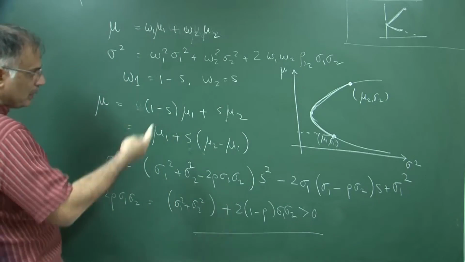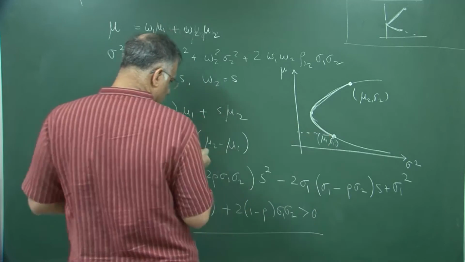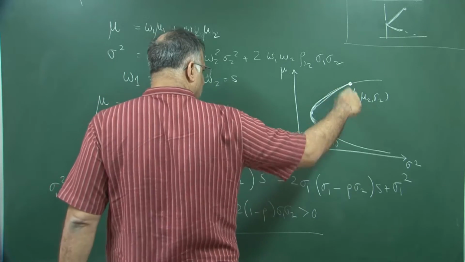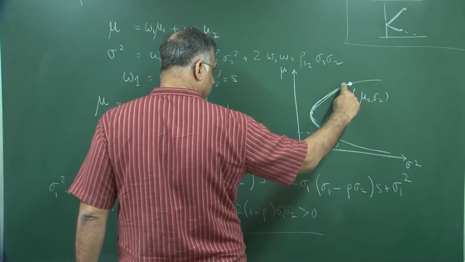When S is strictly bigger than 0, so from 0 to 1, from here S starts to be 0. So, when S is strictly bigger than 0, it is increasing.